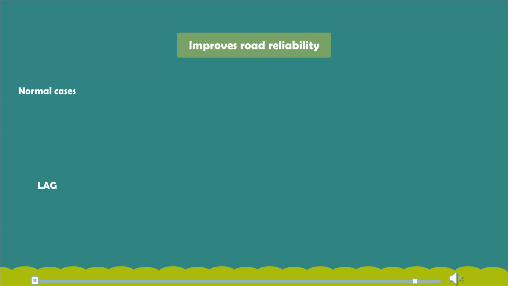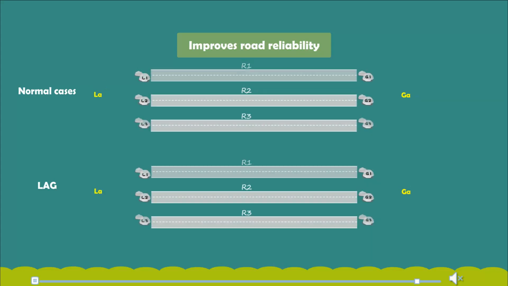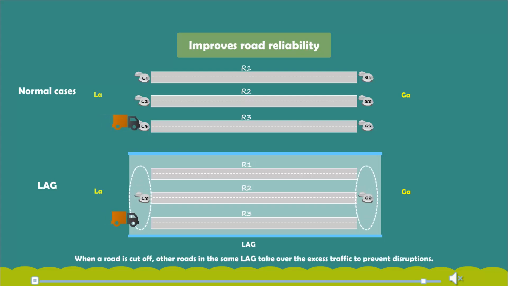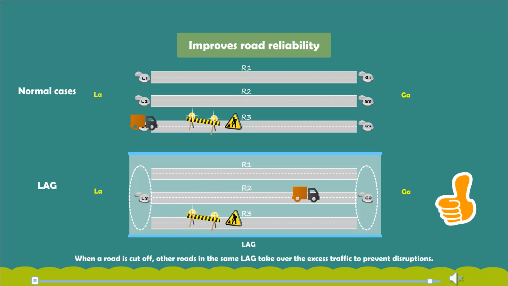Improves road reliability. When a road is cut off, other roads in the same LAG take over the excess traffic to prevent disruptions.